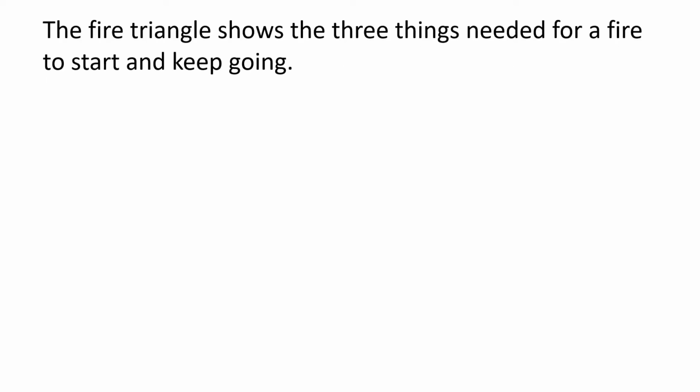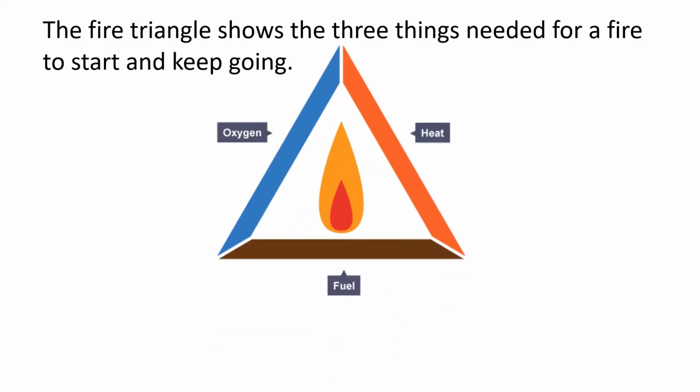Combustion reactions require three conditions be satisfied for them to occur. They need oxygen, heat, and fuel. In class, our source of oxygen would come from the air in the classroom. Our heat source would be our Bunsen burners.